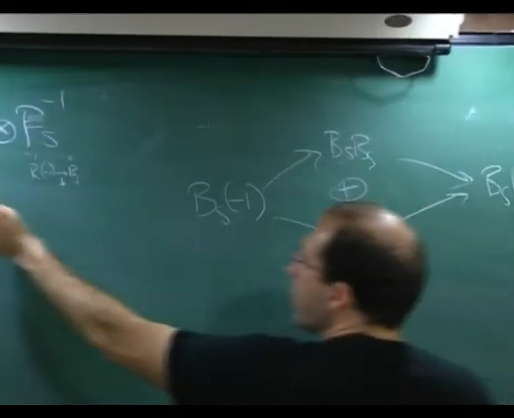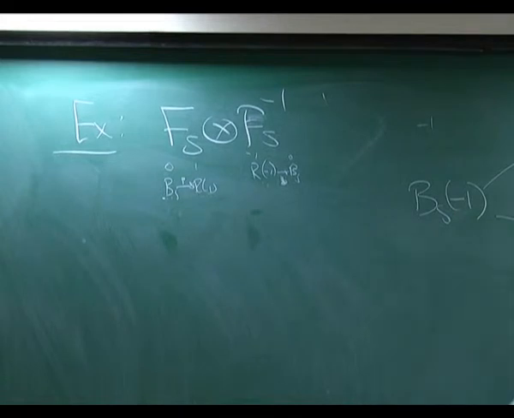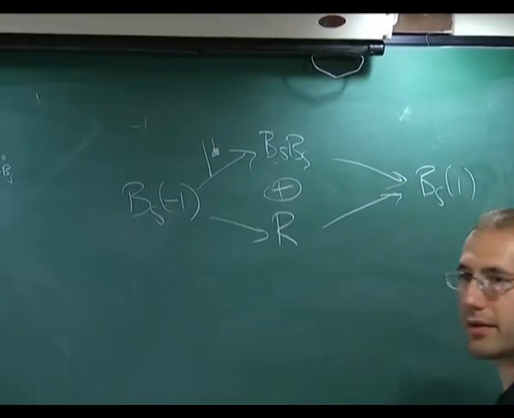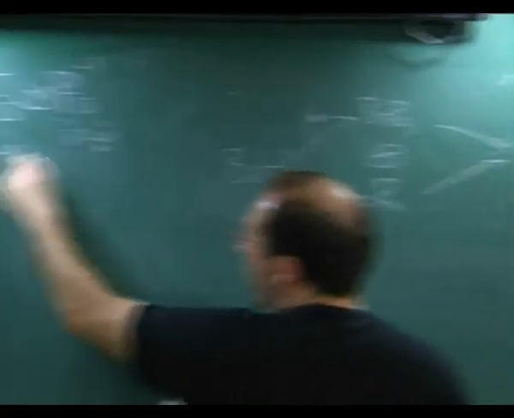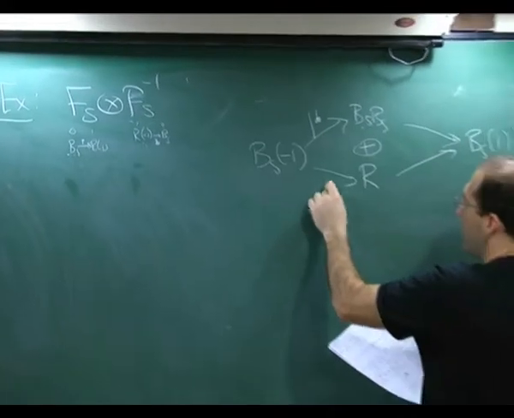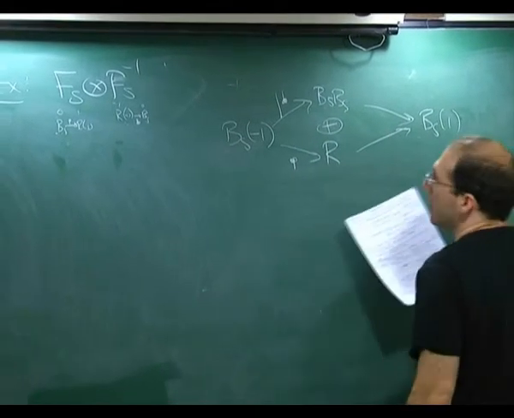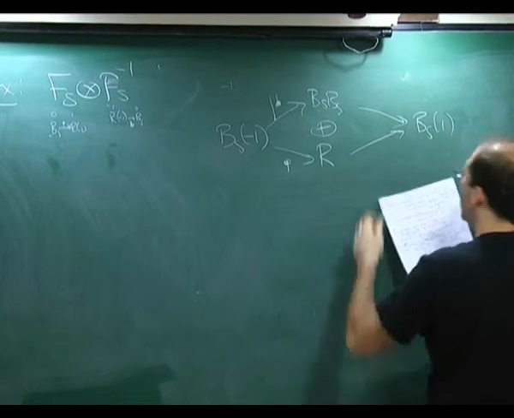To get to him tensor him, I apply this map with the identity of that. So I do the identity of him next to that map. Meanwhile, to get to him, I do this map with the identity of that one, which is actually the vertical dot. Then over here, I apply the identity of something with the other guy.